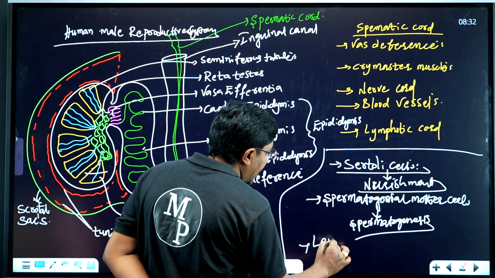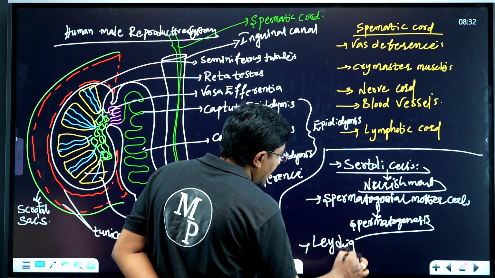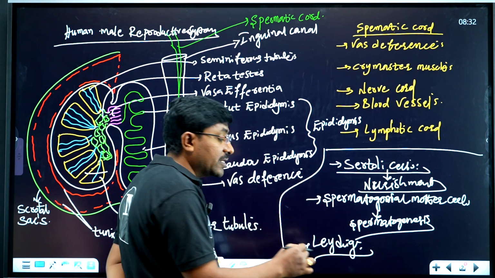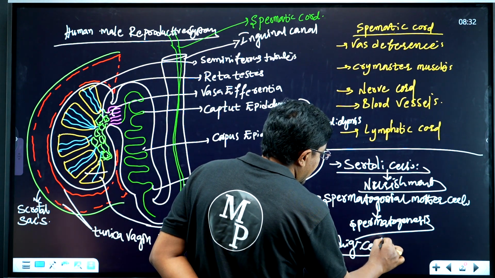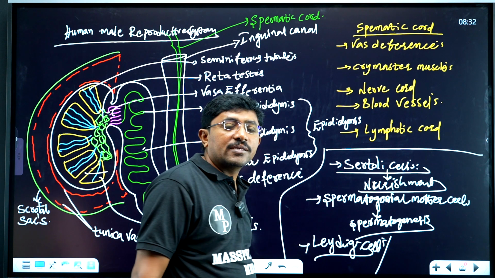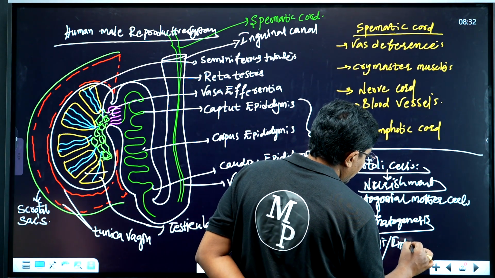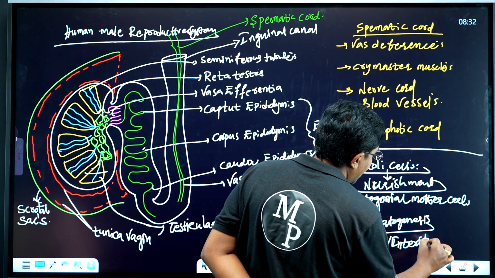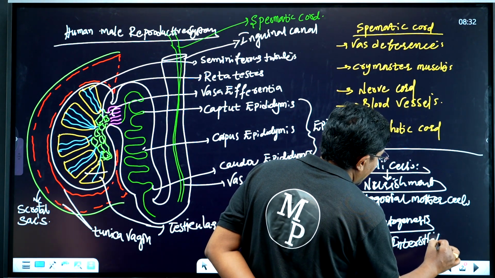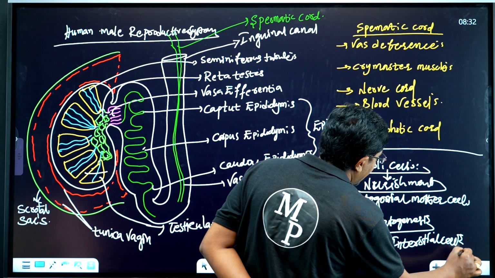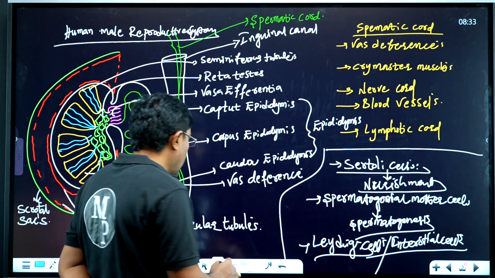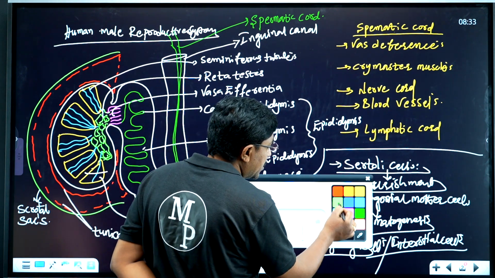Next, the Leydig cells. These Leydig cells are present outside the seminiferous tubule, and they are also called interstitial cells. What is the function of these interstitial cells?